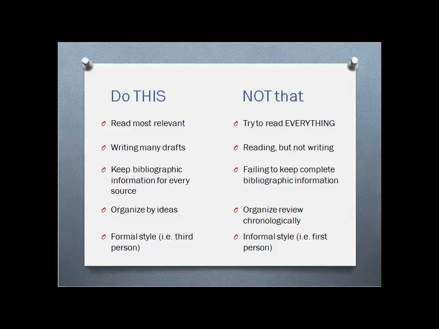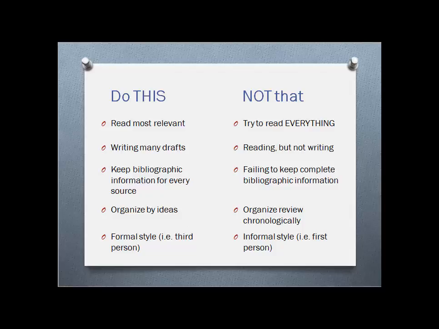So again, I don't want to see a summary: Williams in 2001 showed this, a whole paragraph on that study, and then Johnson in 2002 showed this, and so on and so forth. So it's not just a summary of the different studies, but you want to organize your literature review by ideas, spanning over multiple studies.